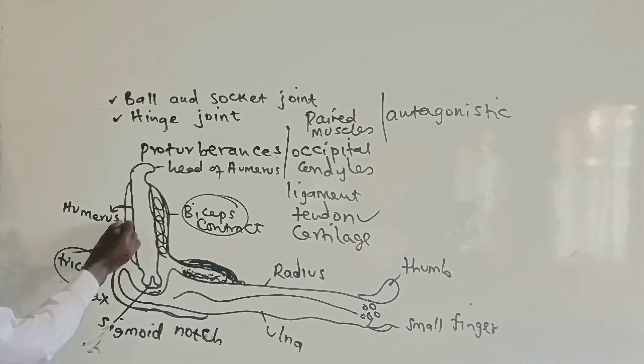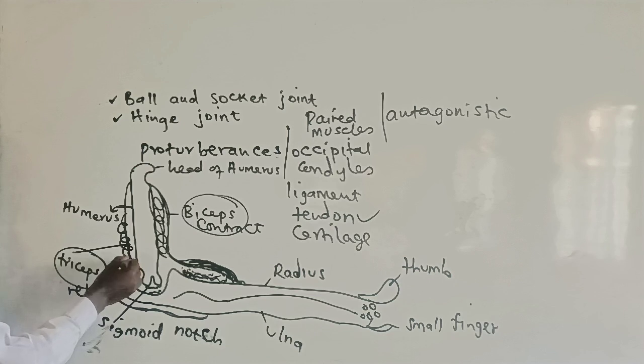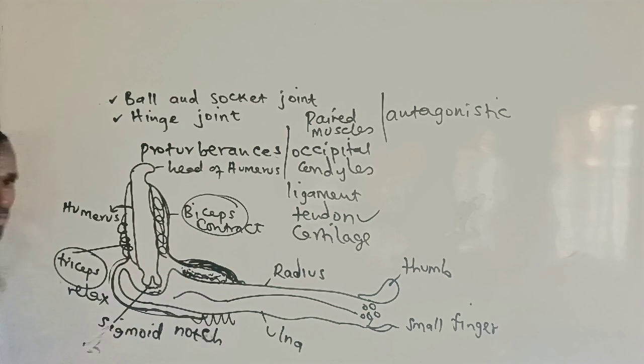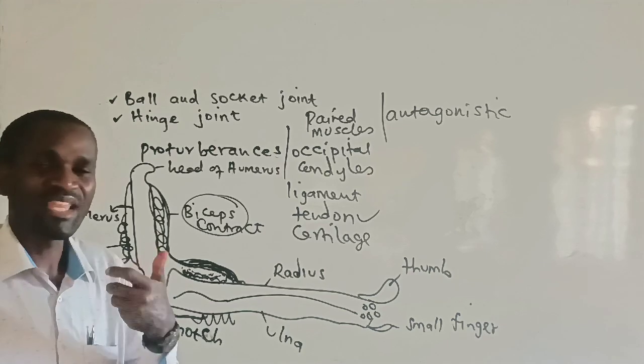This tricep is attached onto this immovable bone, the humerus, as the origin, and then inserted onto this ulna, which is movable. So muscles must have two points where they are attached.